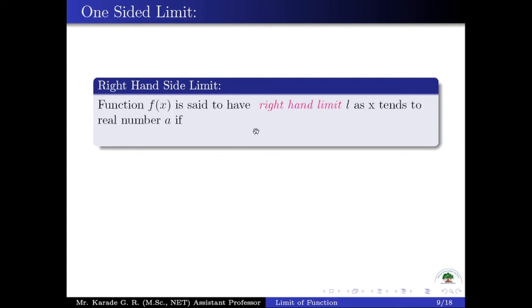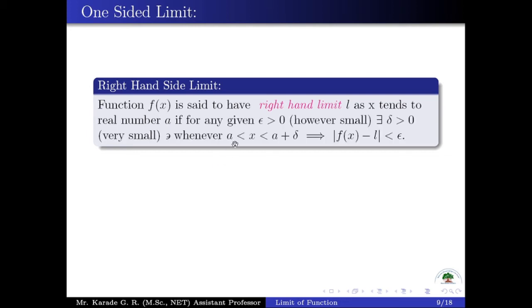The function f of x is said to have a right hand limit L as x tends to the real number a, if for any given epsilon greater than 0, however small, there exists a positive number delta, greater than 0 and very small, such that whenever x is greater than a and less than a plus delta, this implies modulus of f of x minus L is less than epsilon.